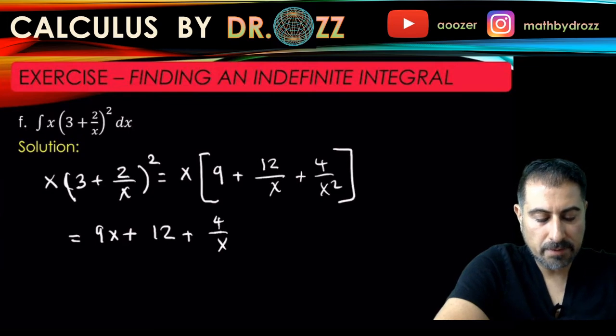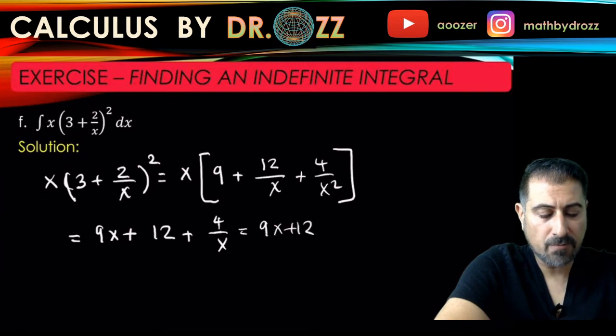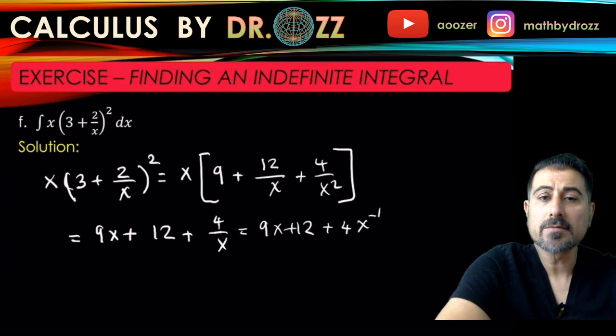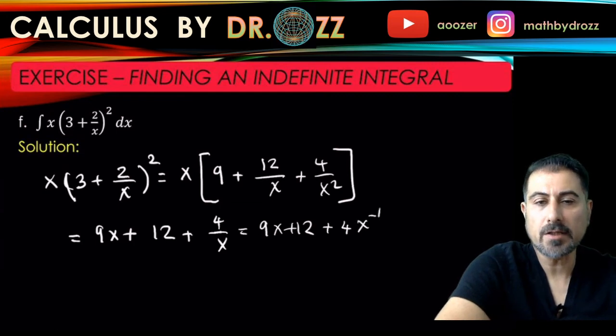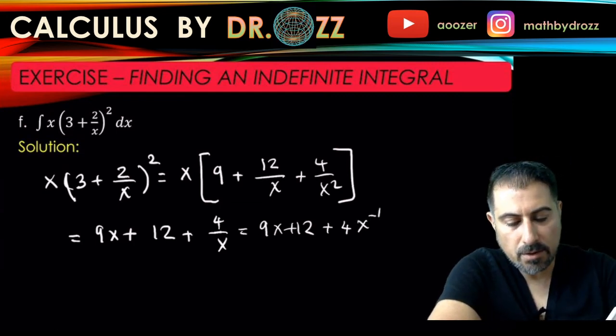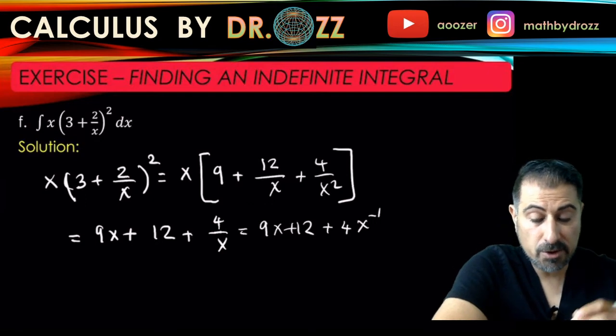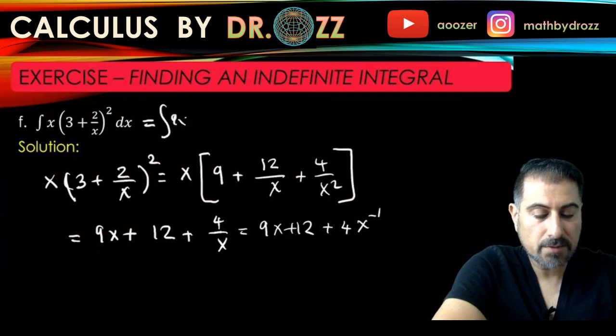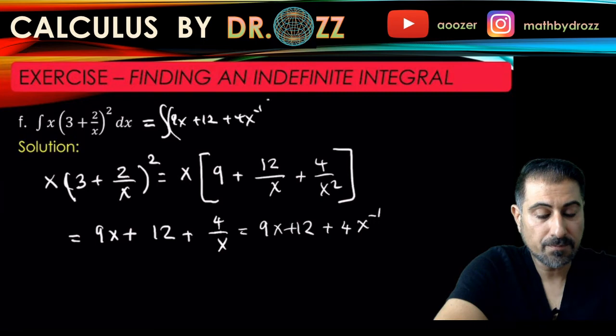And I can also rewrite this in a simpler form, so I'm going to put this 4 over x as 4 times x raised to the power of -1. This way I can handle each term separately. So I can do everything in one shot, in fact. Okay, so 9x plus 12 plus 4x to the power of -1, dx. Okay, there we go.